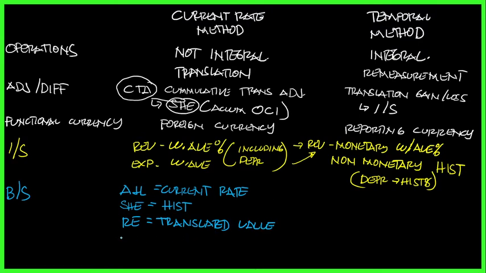Meaning, you have to compute, no? You have to compute for your translated beginning balance, and then you have to add your translated net income less your translated dividends, and in this case, using your historical rate, you will get the ending balance of your retained earnings, which is the translated amount.